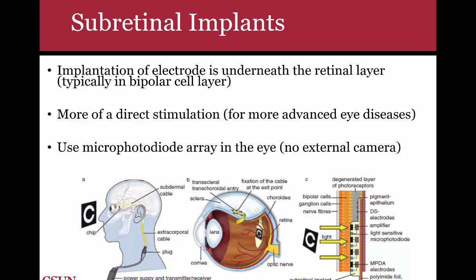So without the camera, you have this implant that is implanted underneath the retinal layer, near all of the bipolar cells. Remember that the retina is transparent. So when light goes through the retina and hits the microphotodiodes, they create stimulation waveforms, which then stimulate the photoreceptors in the eye.